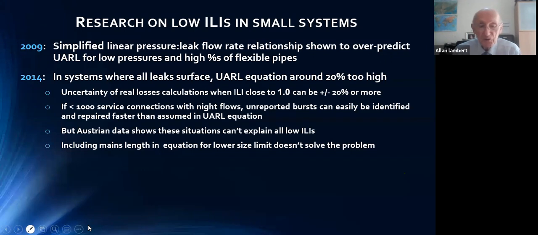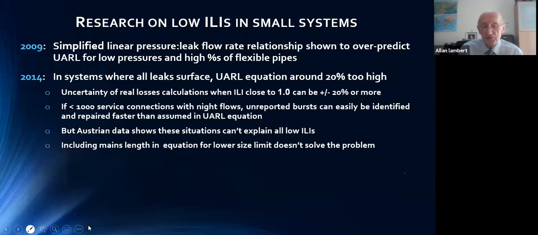By 2014, we already knew that in a few systems with low leak surface, the UARL equation was about 20% too high. We also knew that uncertainty analysis had shown that at ILIs close to 1, the uncertainty of current annual real losses calculations from water balance could be as high as plus or minus 20%.